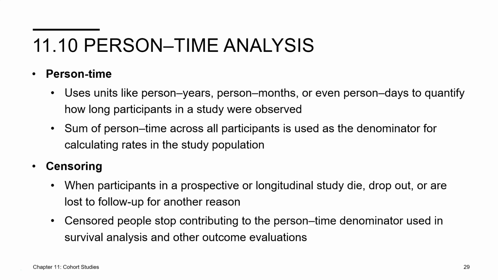Person time is when units like person years, person months, or even person days are used to quantify how long participants in a study are observed. The sum of the person time across all participants is used as a denominator for calculating rates in a study population. I used this recently in a study where we looked at COVID-19 mortality in Michigan among Arab Americans.